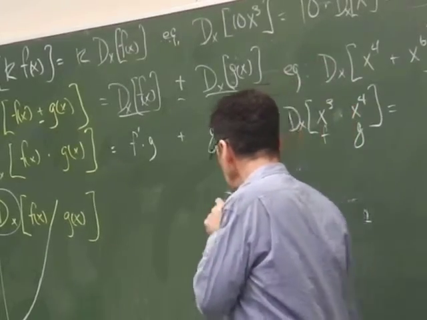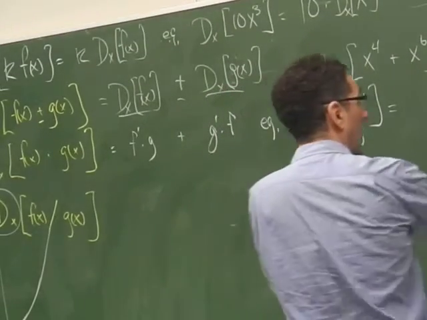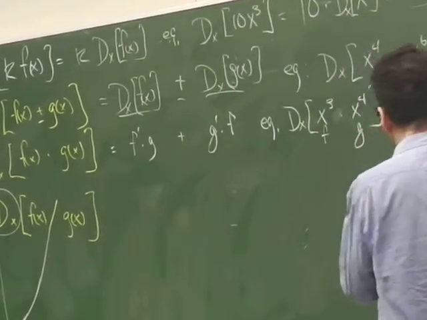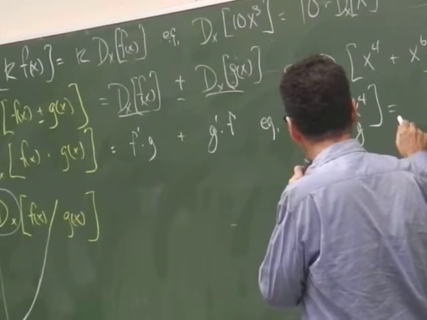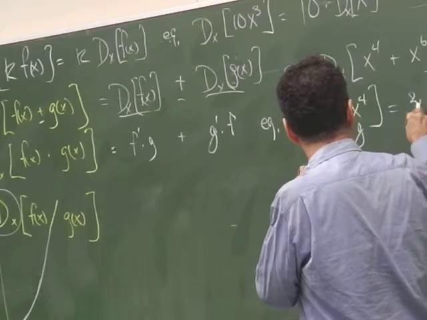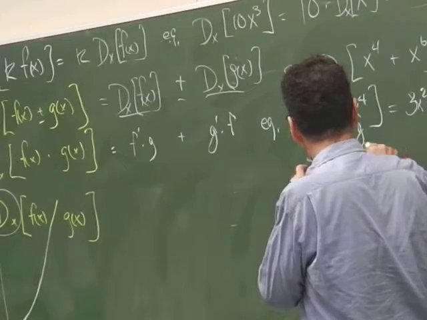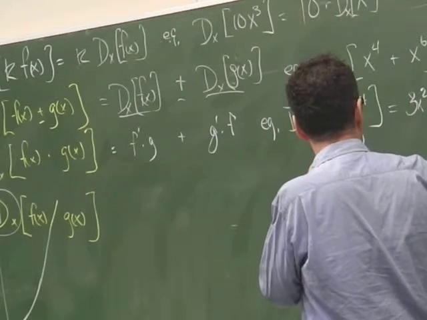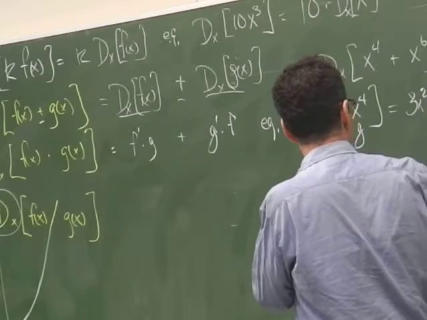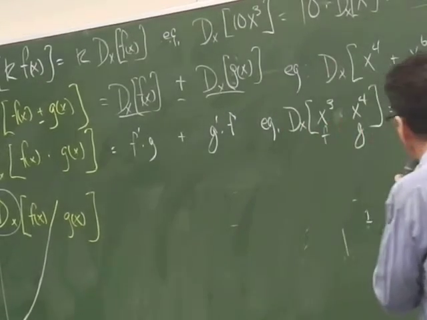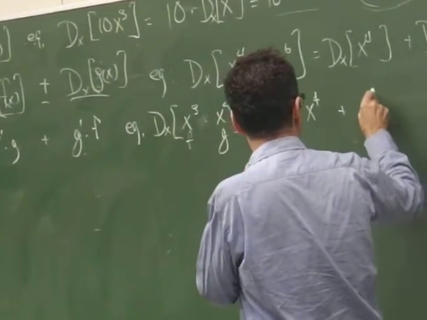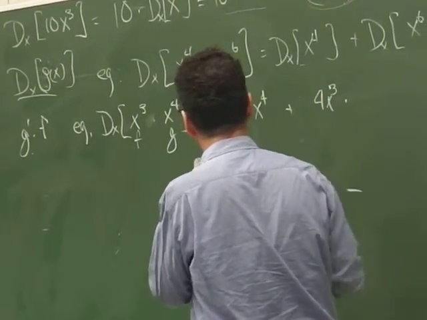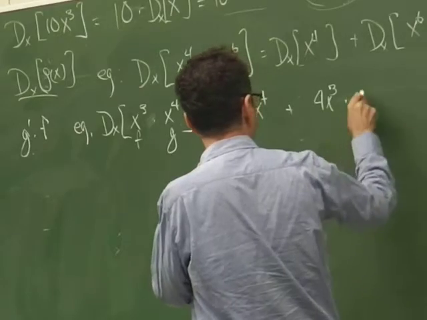But if we wanted to, we could treat this one as f and this one as g. So what would we do? F prime is 3x squared times g, x to the fourth, plus g prime, 4x to the third times f.